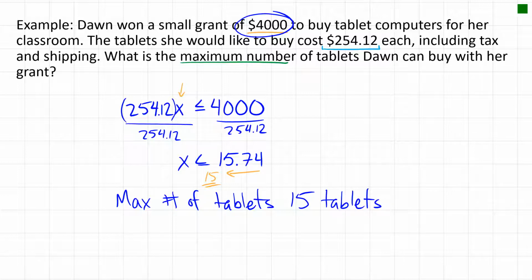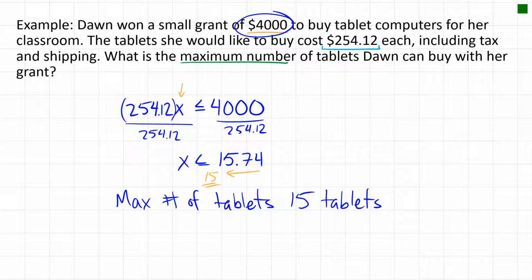But what this inequality tells us is that she doesn't have to buy 15 tablets. She could also buy less than 15 tablets. She could buy any number, and then maybe she could use that grant on something else like accessories for the tablets. So that's the point of the inequality, is that it doesn't tell you an exact number. It tells you a range of values that would solve the problem.